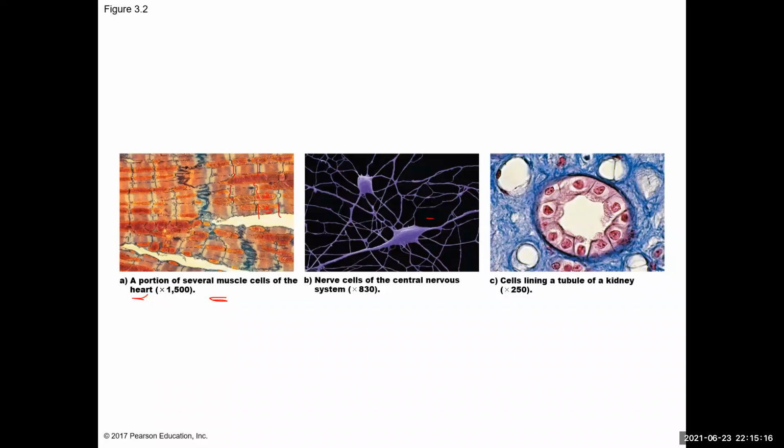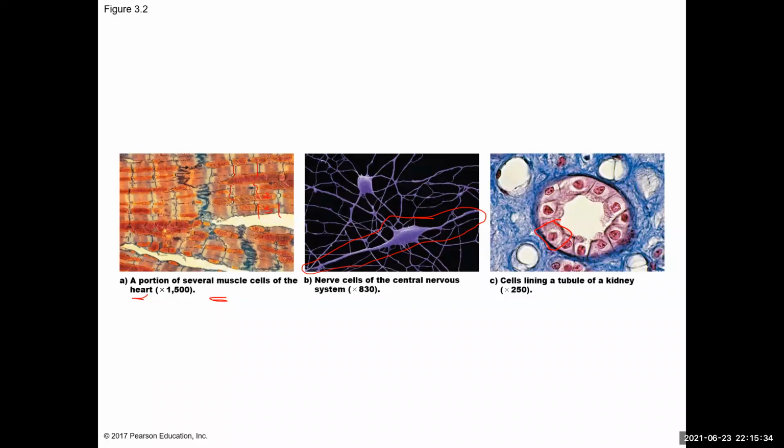That looks much different from this individual nerve cell, which also looks very different from this individual cell that's in the tubule of a kidney that's responsible for helping filter our blood of waste and to produce urine.